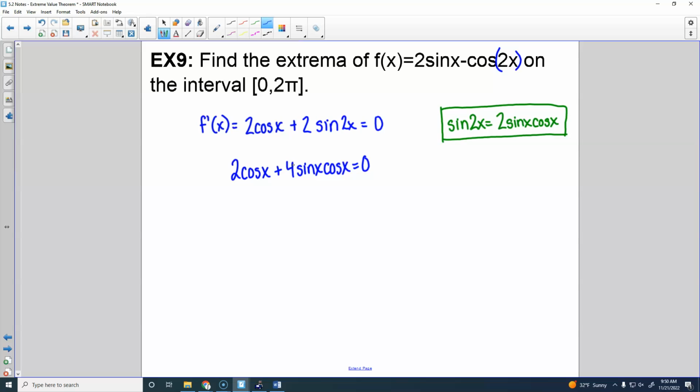But what you can do is you can factor out 2 cosine x. So if you find yourself wanting to divide something off to get rid of it like that, try factoring it out instead, because dividing causes you to lose some answers. So if we factor that out, we'll get 1 plus 2 sine x equals 0.